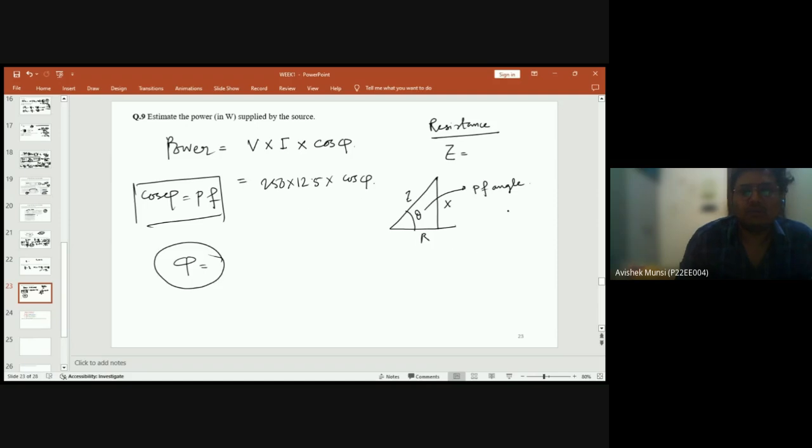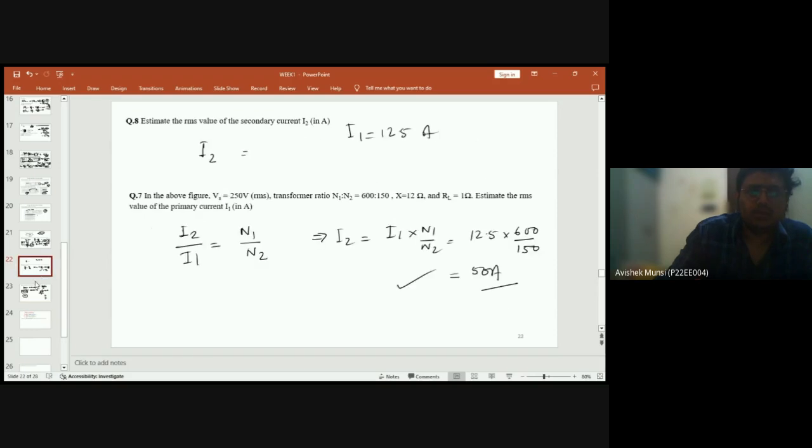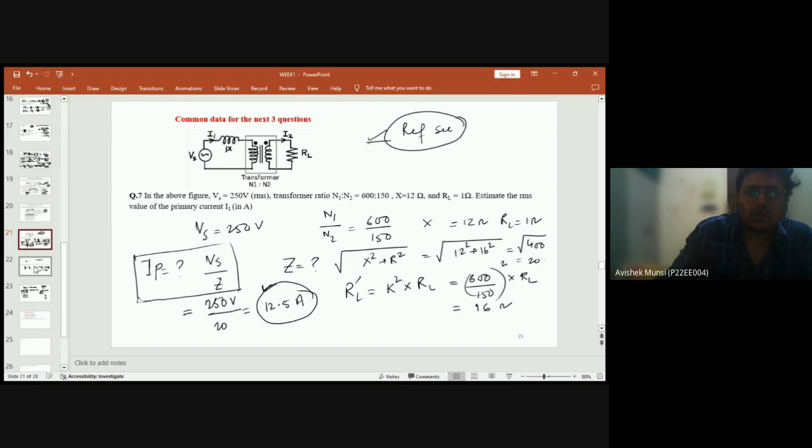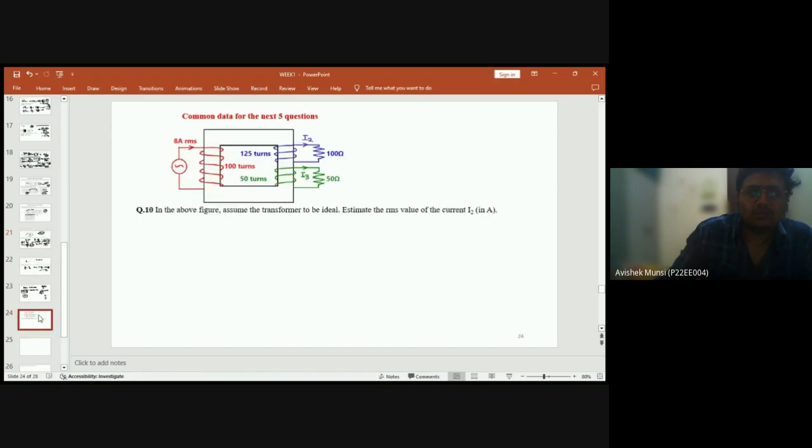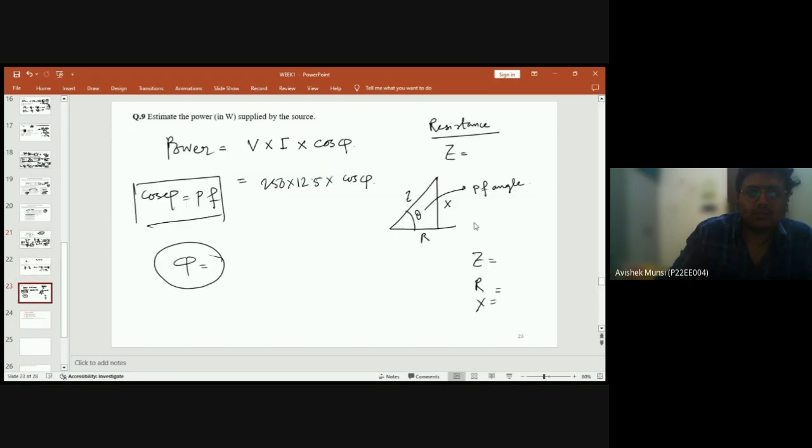We have Z, R, X: 12, 16, and 20. This is 20, 16, 12. So calculate phi, put it in cos phi, and tell me the answer of power.